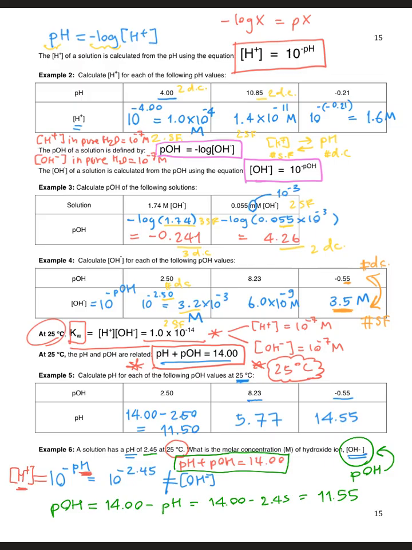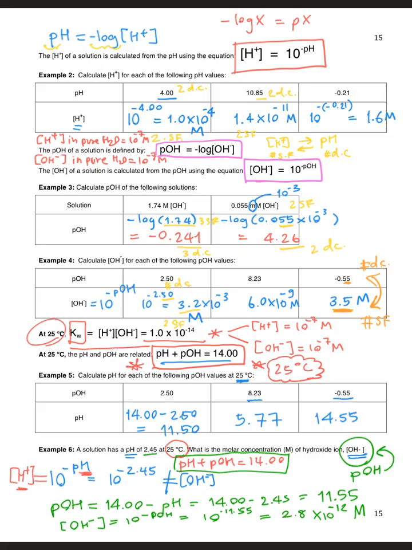Then you can find the concentration of hydroxide ion by using 10 to the negative pOH, which is equal to 10 to the negative 11.55, and that should come out equal to 2.8 times 10 to the negative 12. And don't forget the unit is molar.